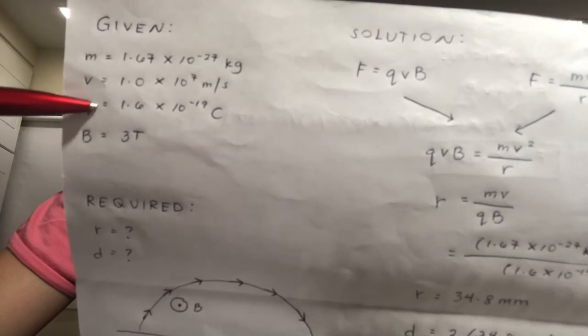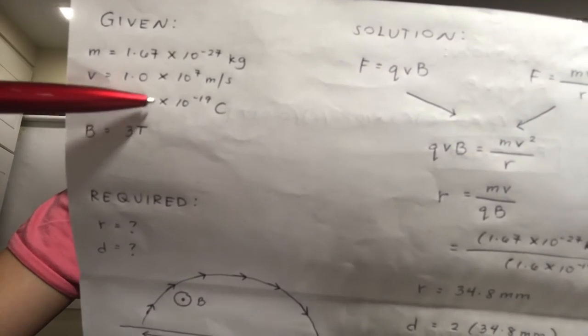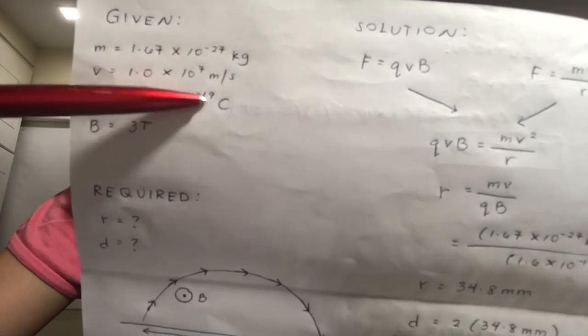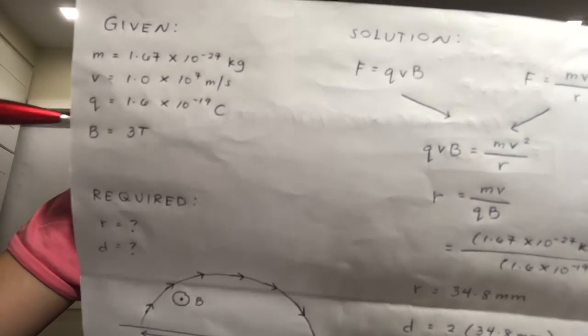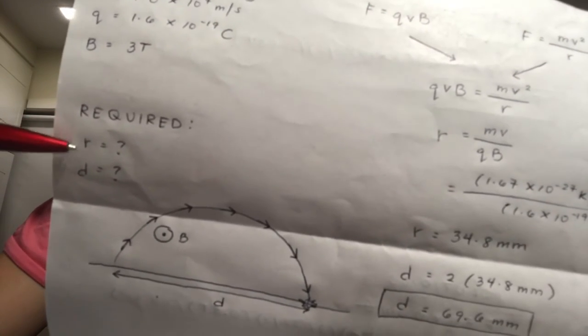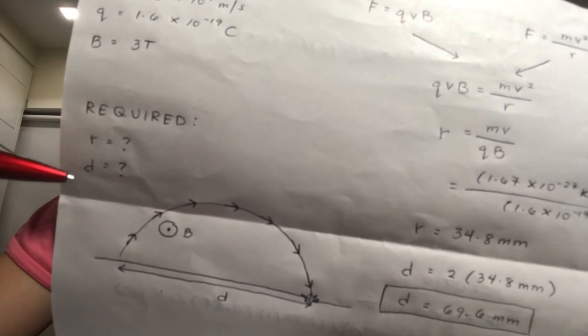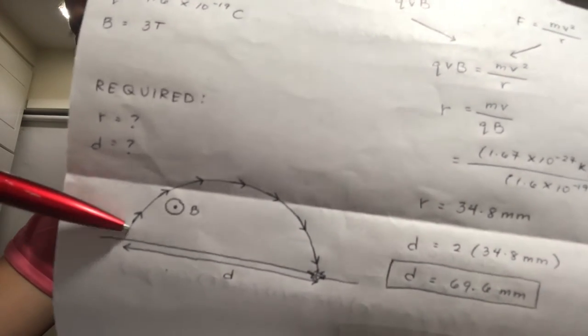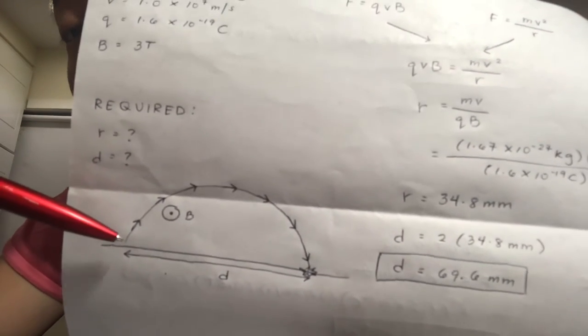And the charge, which is 1.6 × 10^-19 coulombs. Lastly, we have the magnitude of the magnetic field, which is 3 Tesla. For our required, we have the radius R and the distance. This is the diagram for the sample problem.